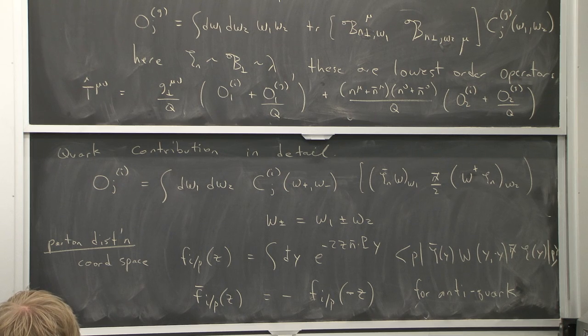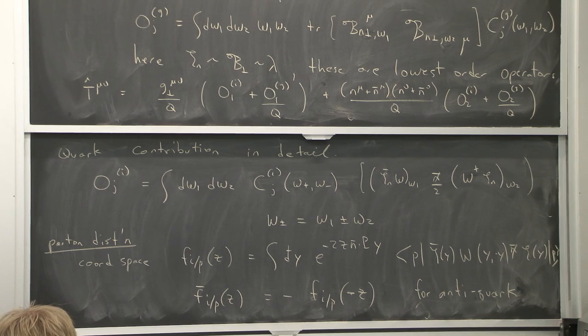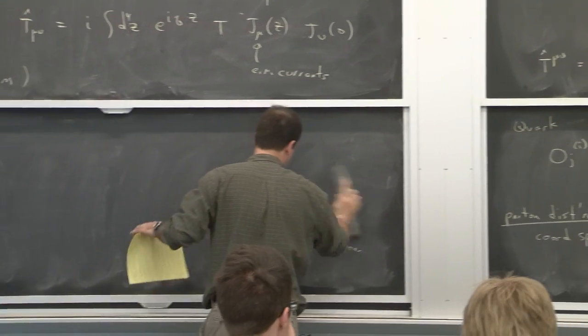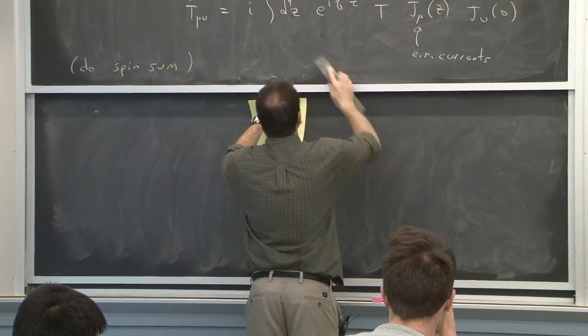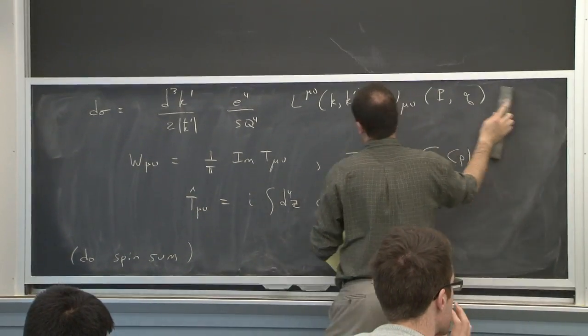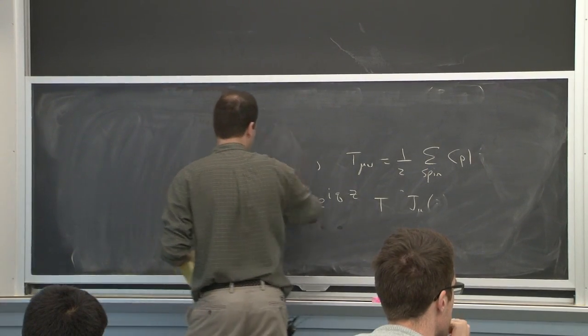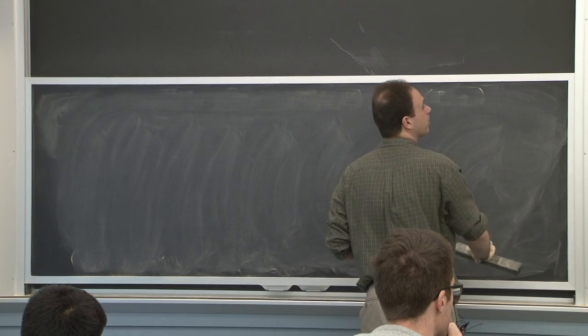You can also define it by moments of the operator. That's the way that, for example, Peskin does it. But if you sort of put all the information in those moments back into a single operator, then it becomes this thing. And if we Fourier transform this, then it becomes the operator that we have up there.